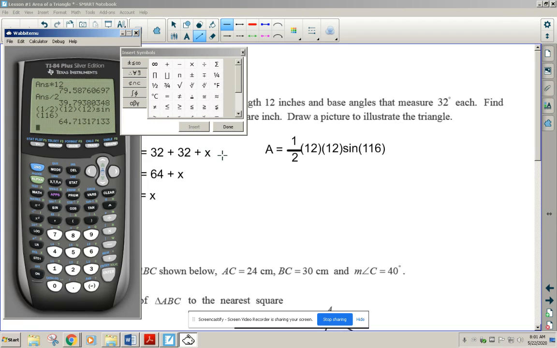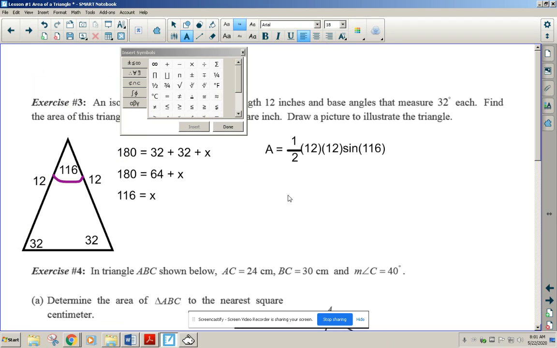So that's my answer, 64.7. So the area is 64.7. And actually, again, because I rounded, my area is about 64.7.